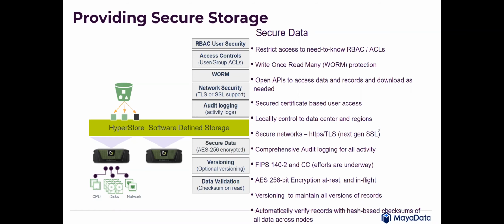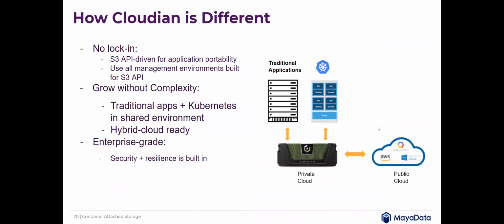Going to the next slide, the value and how Cloudian is different, like I've been saying, is having the ability to support industry standard S3 APIs and robust APIs, which gives you the ability to move away from traditional proprietary solutions and avoid lock-ins, right? All of your user management and all your data management is built on S3 APIs.